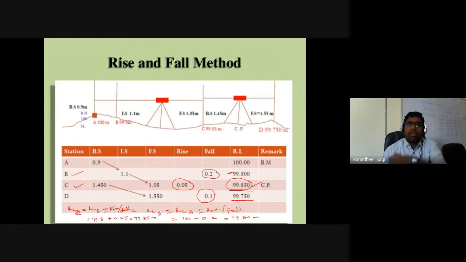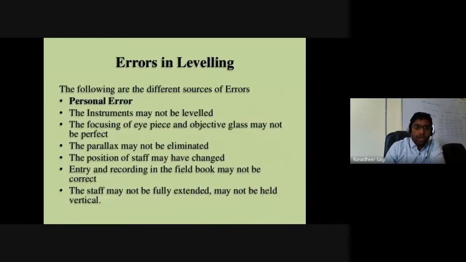So it doesn't matter whether you calculate based on the height of instrument method or the rise and fall method. The RL values would come out the same, irrespective of which method you follow. We'll try to solve more problems using the height of instrument method or rise and fall method, which we'll take up immediately after talking about a couple of points.